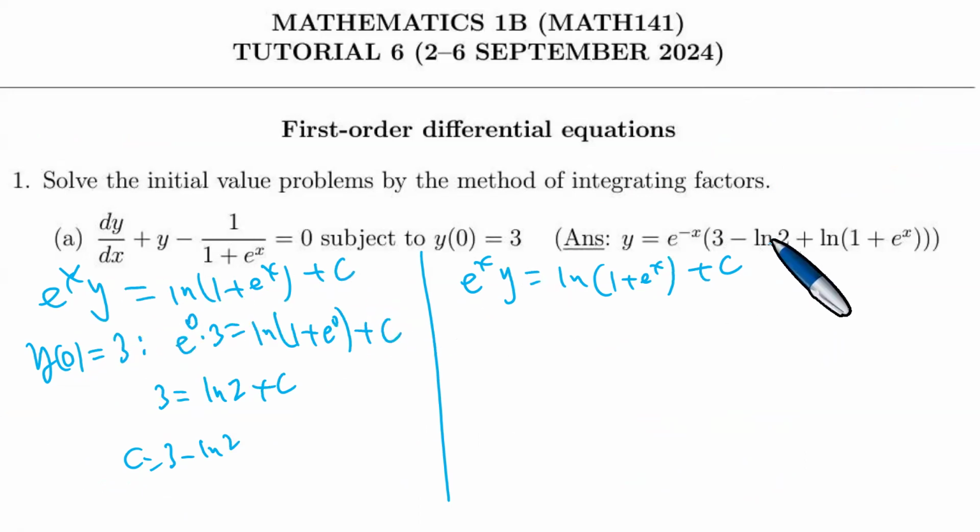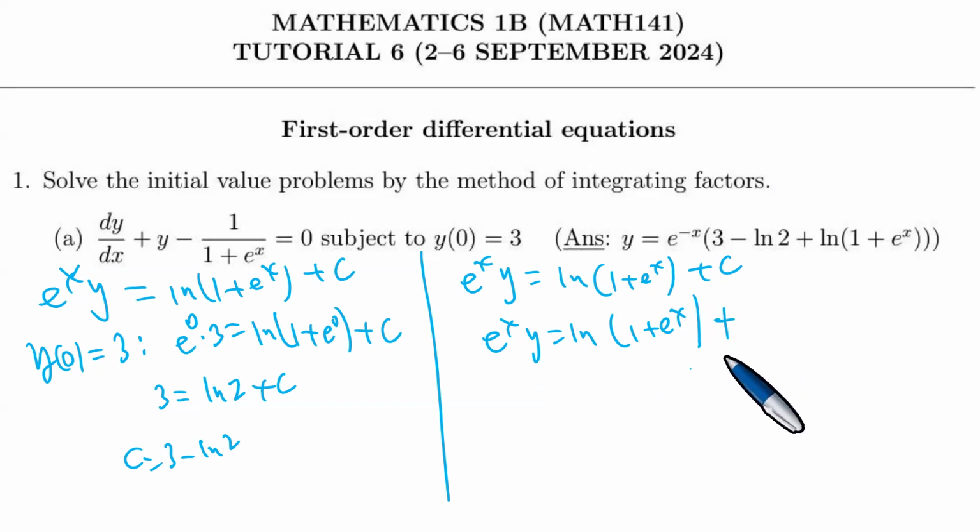Here, this equation has a C in it, and then you plug in the C. What is C? C is 3 minus ln 2, which is exactly the 3 minus ln 2 we're seeing here.